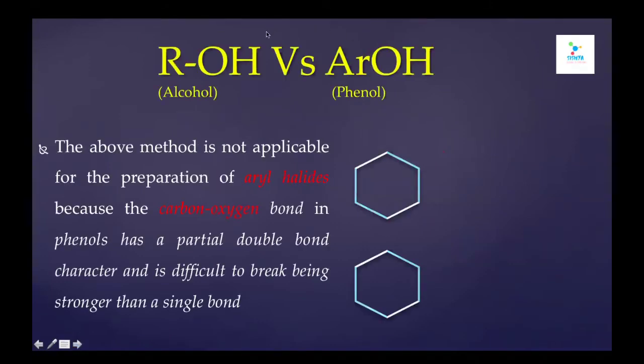Here, whenever there is an alcohol like cyclohexanol with double bonds and OH, this one should be aromatic. This one will be considered as ROH, but this one will not be considered as ROH. Rather, it will be considered as ArOH, meaning aromatic.